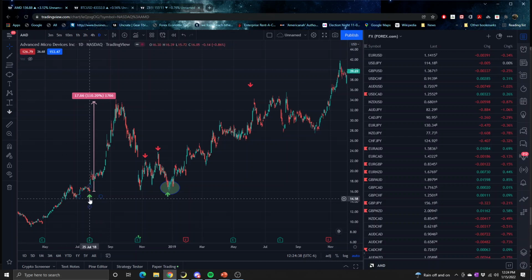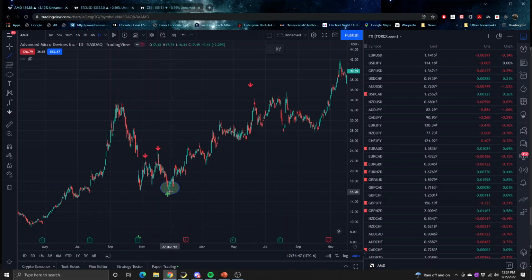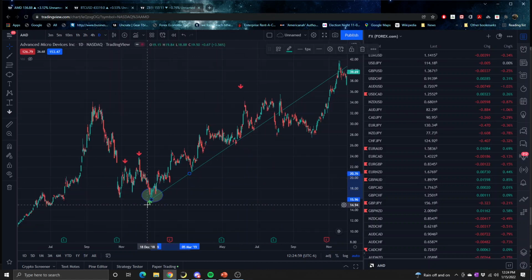So again, as I start to take some of our artwork away and focus here, as I draw a trend line from this point, you can see that I've drawn something that is slightly more significant than I did at first.